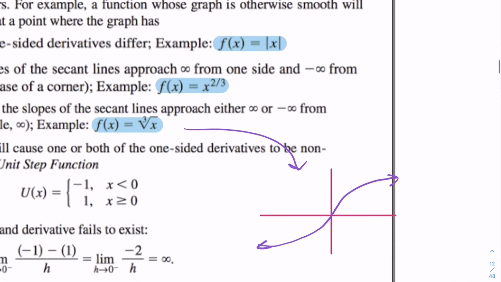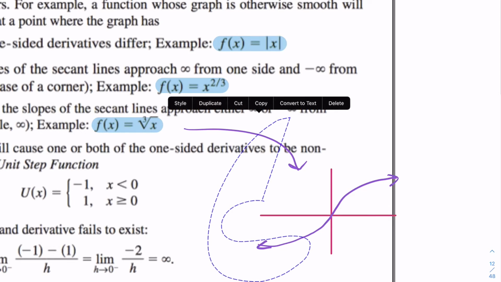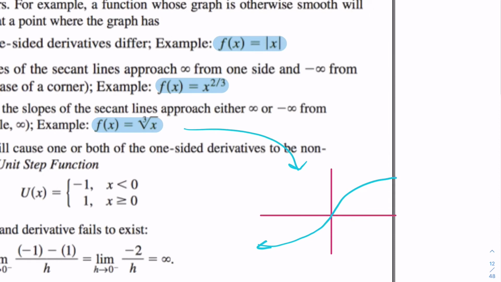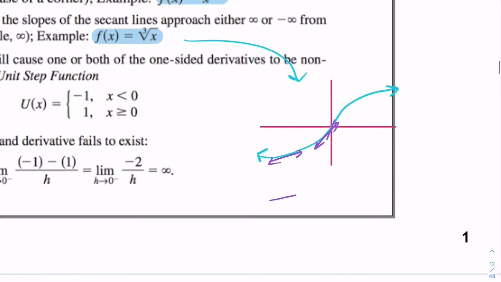I used blue. Let me change this to blue. Here it looks like there's no problems, but there becomes a problem. So here's your line, and the line gets closer and closer to looking like this. So it ends up going like that, and then it becomes like this. And this is positive infinity.